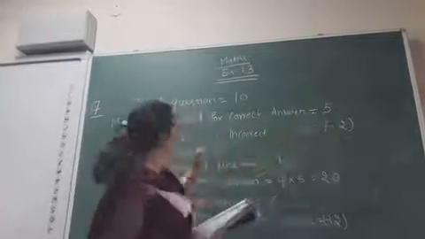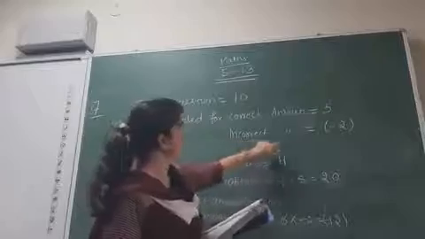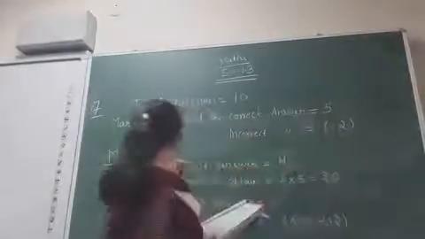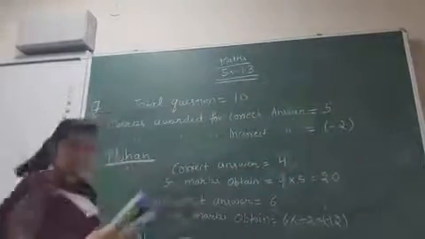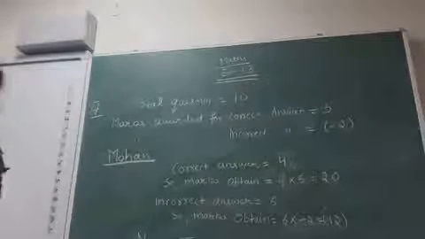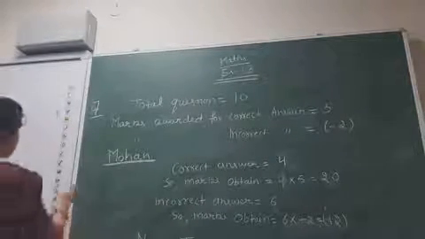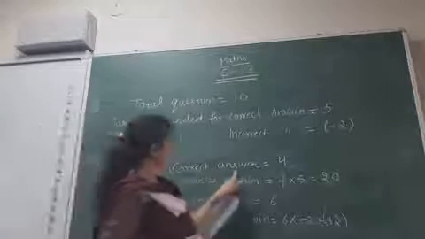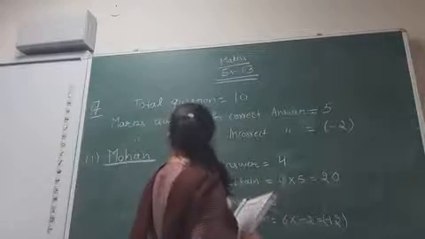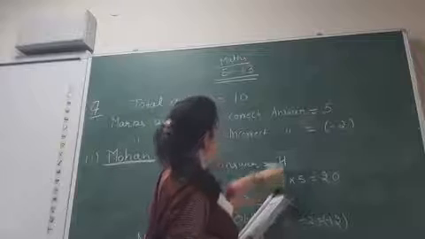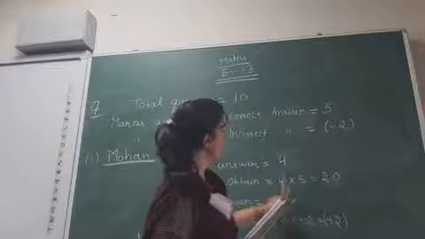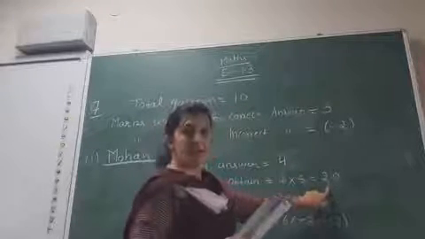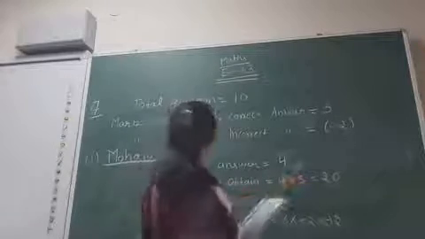So firstly we will write total questions 10, marks awarded for correct answer is 5 and marks awarded for incorrect answer is minus 2. Now firstly in the first part we are describing Mohan. Mohan, correct answers equal to 4. So 4 multiply 5 for correct answers, his marks is 20.